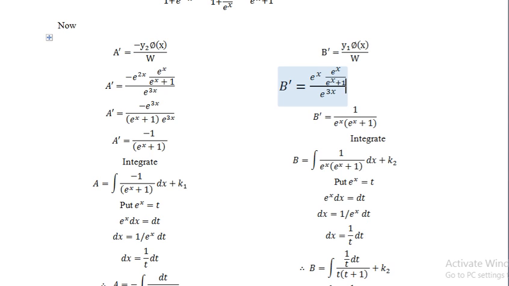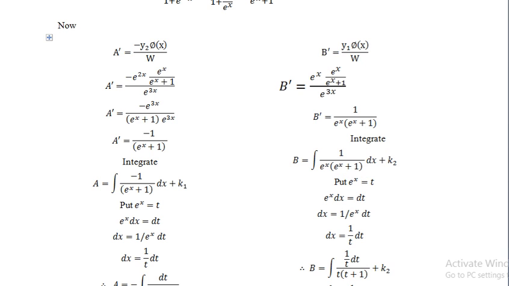Then again here also e raised to x and e raised to x is e raised to 2x divided by e raised to 3x. So 2x and 3x cancel out. So the denominator is e raised to x and e to the power x plus 1 here. Then integrate by taking an arbitrary constant as k.